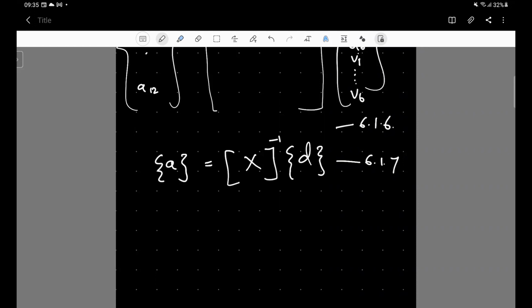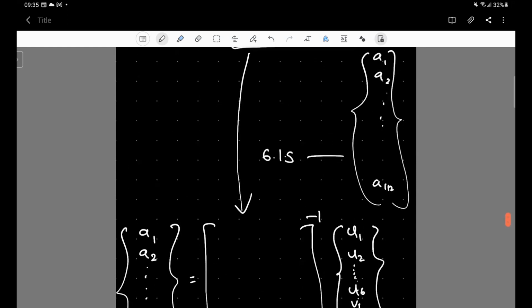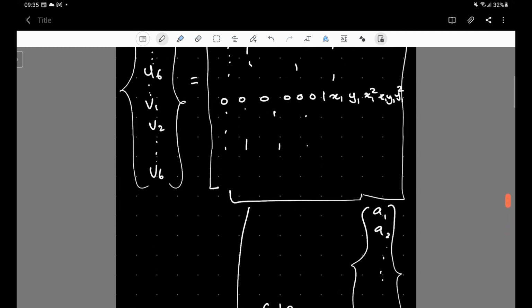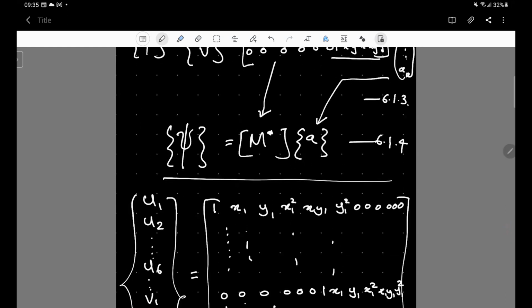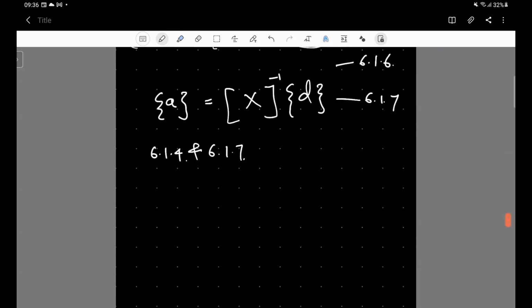Now we can use equations 6.1.4 and 6.1.7, these two equations, and we can obtain the expression for the shape functions, which describe the nodal degrees of freedom.